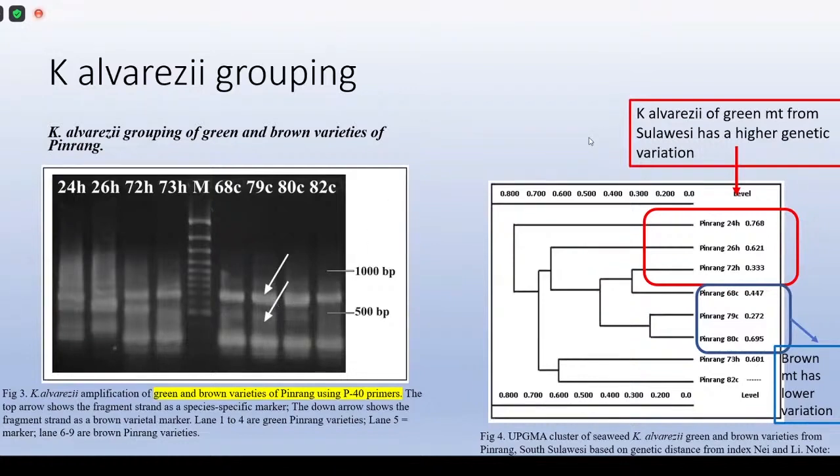And this is the UPGMA cluster of seaweed from the green and brown variety from South Sulawesi. We can see the green from Sulawesi has a higher genetic variation, but the brown has lower variation than the green one.